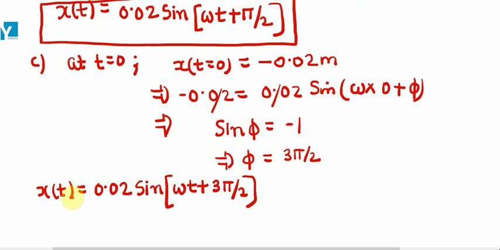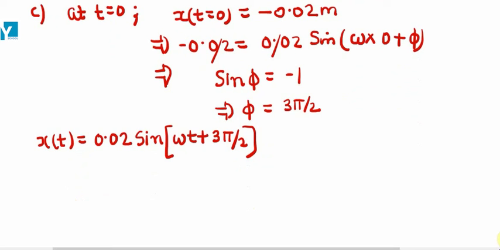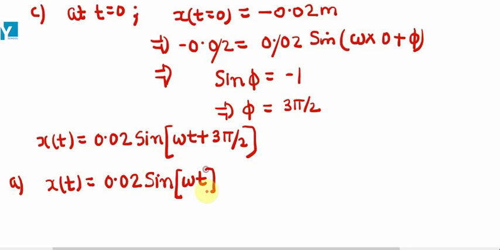So if I compare all three cases: in case A, I got the expression x of t equal to 0.02 sin omega t.